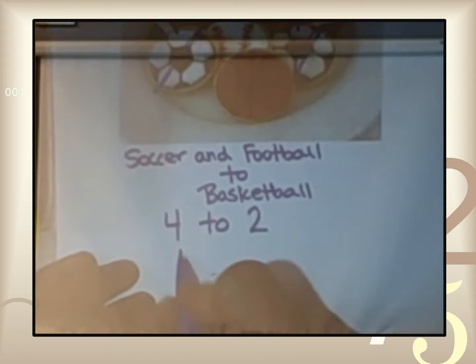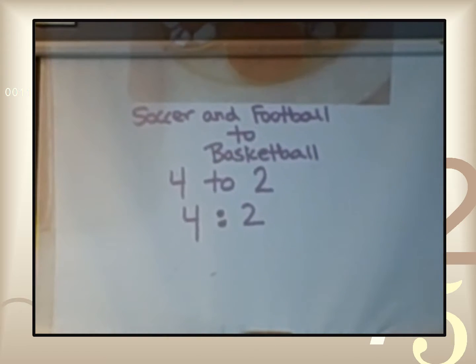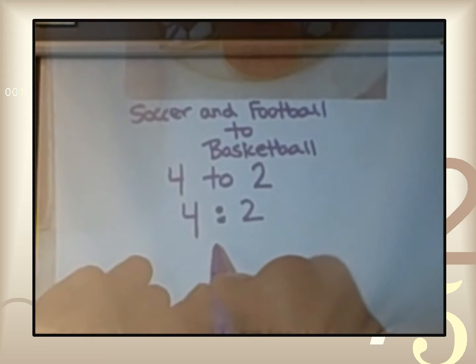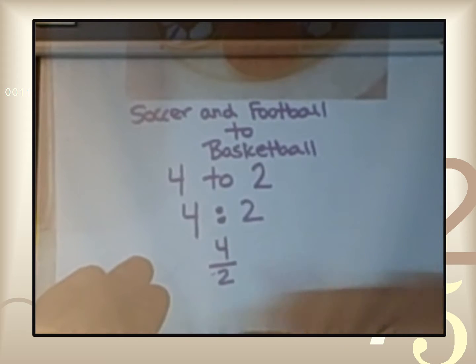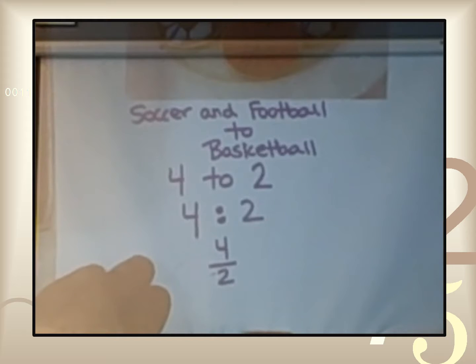The second way is to write it with a symbol, also known as the colon, and we still read it as 4 to 2. And the last way is to write it as a fraction, 4 on the top, 2 on the bottom, and we read it as 4 to 2.